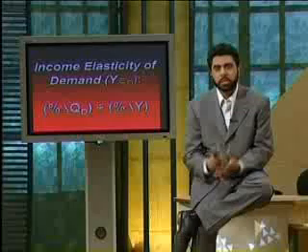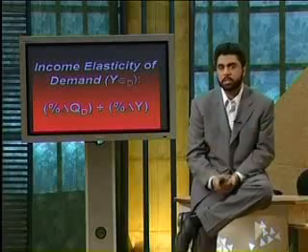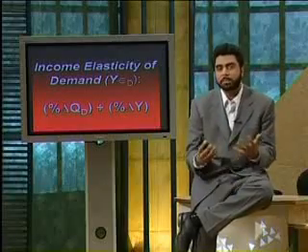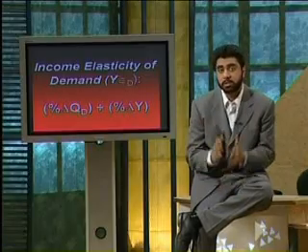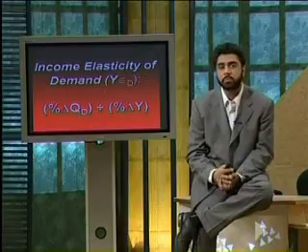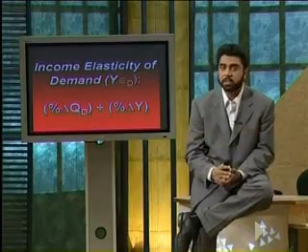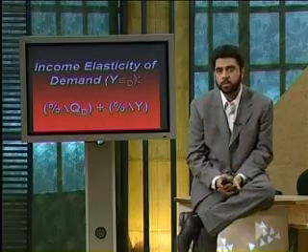Now, what are the implications of this result that we've just seen? That the income elasticity of demand for foodstuffs is negative, that is, food is considered an inferior good, and that it is very inelastic, that is, the magnitude was only 0.01.